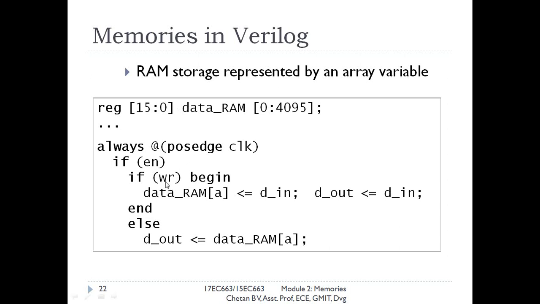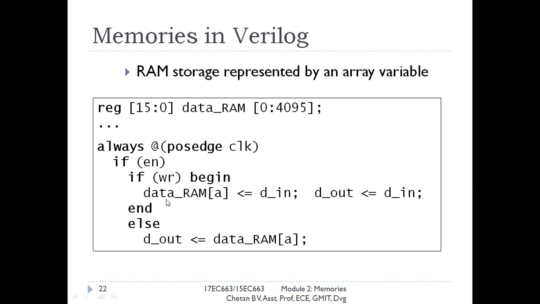If this WR is 1, it means that you need to perform a write operation. If this WR is 0, you need to perform a read operation. So if this WR is 1, you need to write the data which is available on the data pin of the memory to the location pointed to by the address.